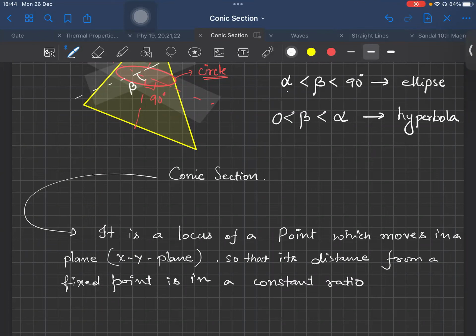That ratio is called eccentricity, but we'll see that. And further, its perpendicular distance from a straight line.